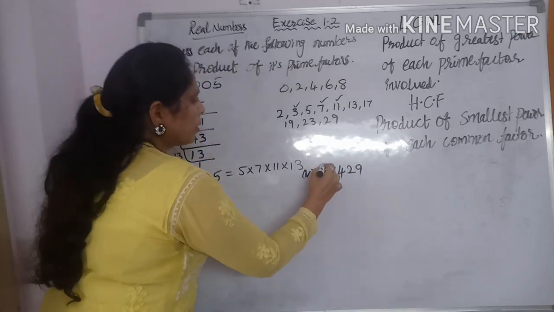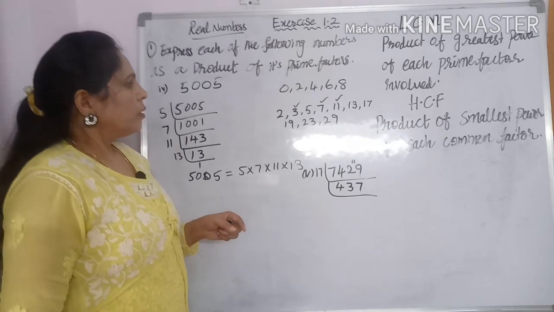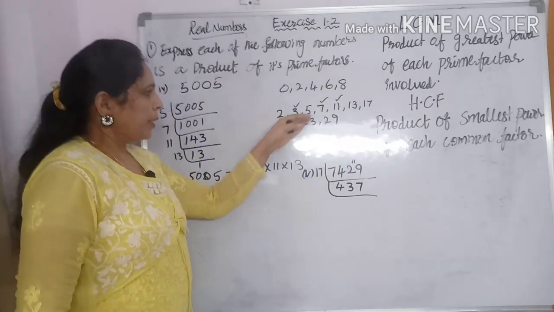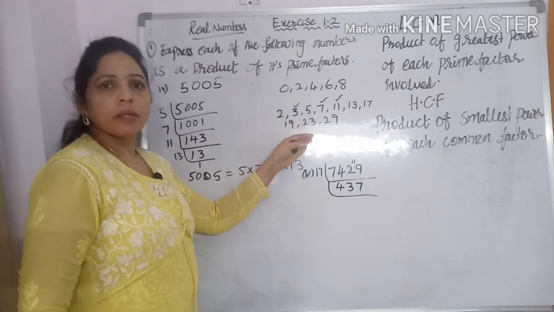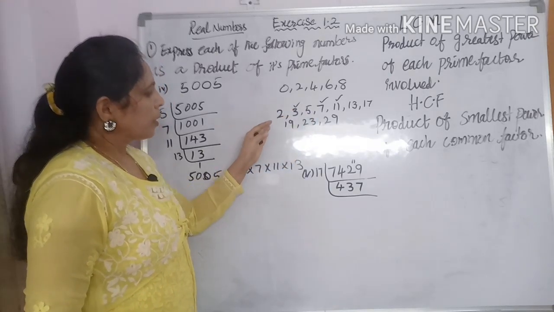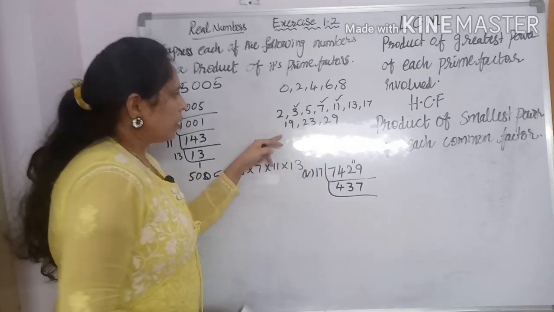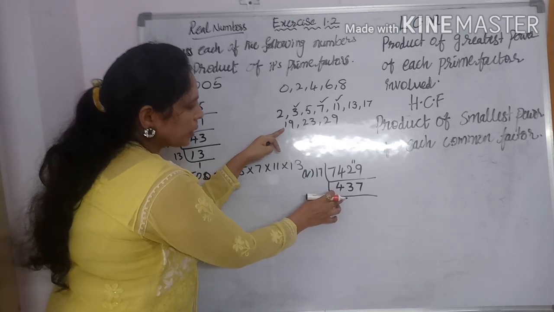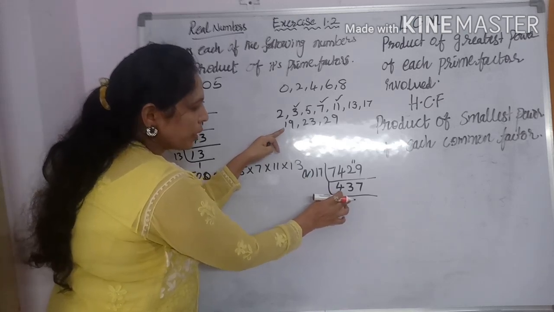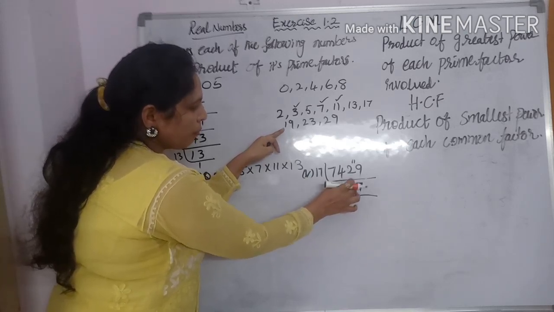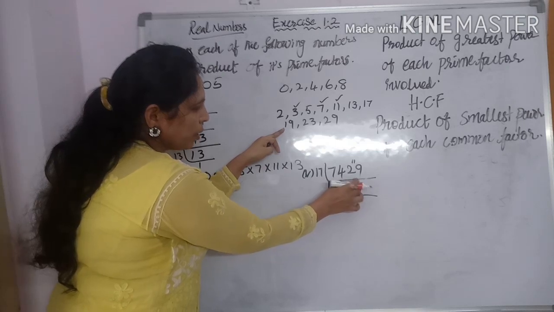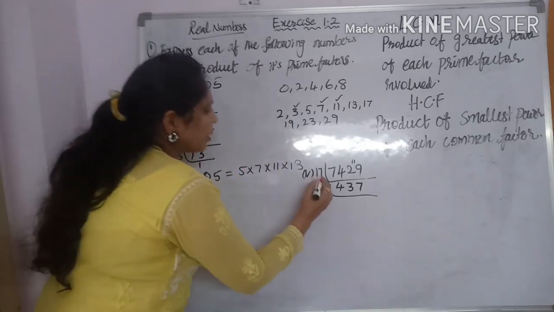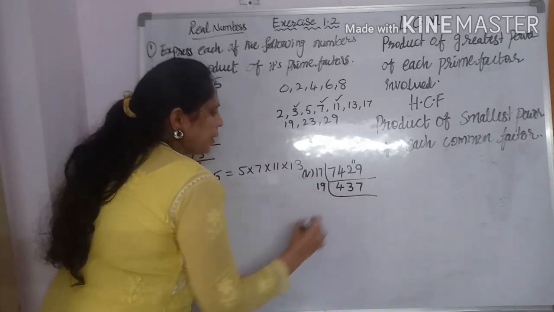7429. Now you can check these divisibility rules and apply these prime numbers. So 17. Now go with 19. Let us check this. 19 2 times, 19 2's are 38. So 5 is the remainder. It becomes 57. So 19 3 times it will go. So I will take 19.